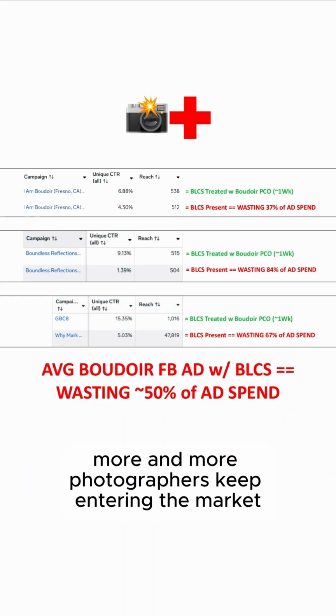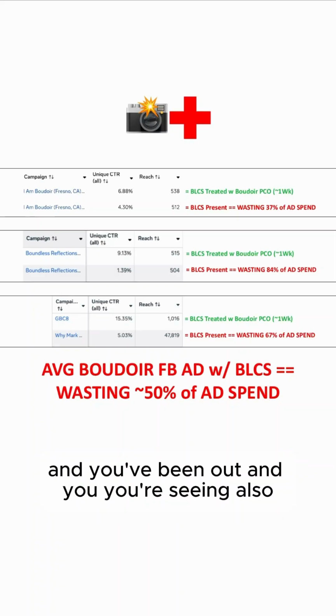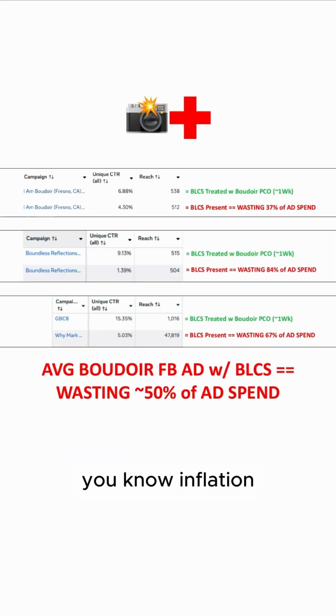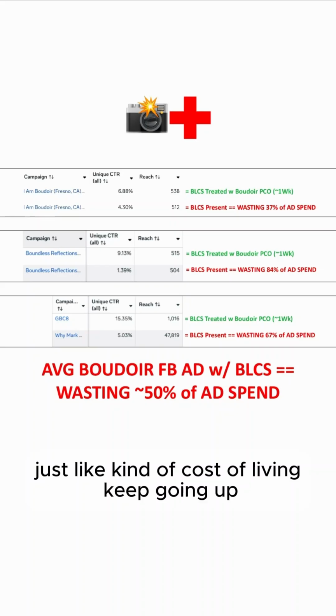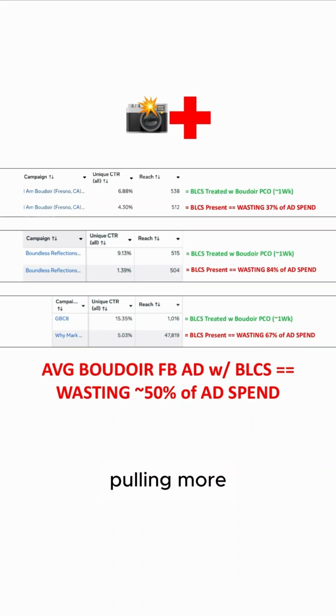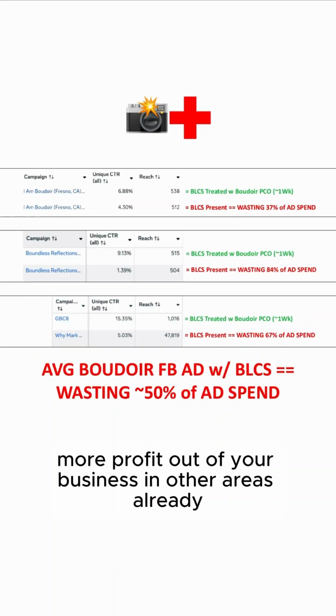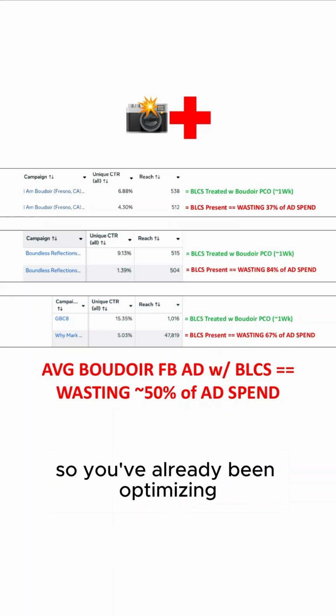So more and more photographers keep entering the market, saturated market. And you're also seeing inflation, cost of living keep going up, going up, going up. And you've been optimizing, pulling more profit out of your business in other areas already.